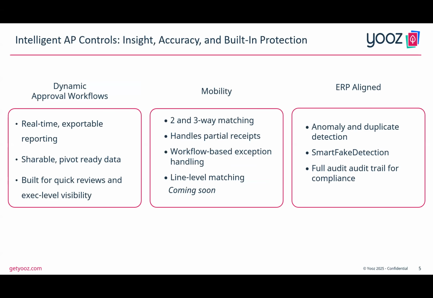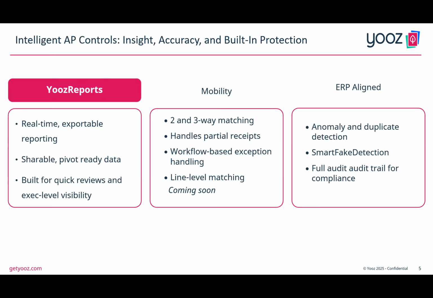So now that we've covered how Use streamlines the flow of work with dynamic approvals, mobility, and ERP alignment, let's look at what happens next, how you gain intelligence, accuracy, and protection across the entire AP cycle. On the left, we start with actionable AP insight.